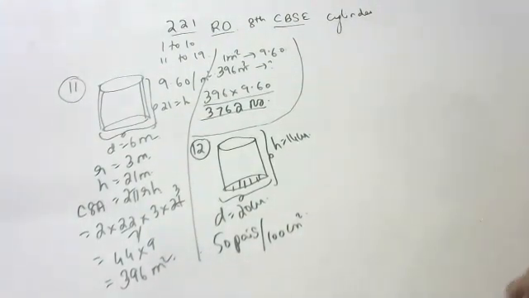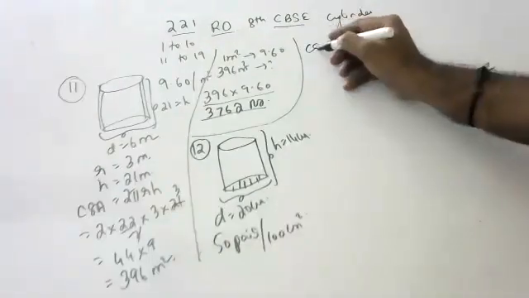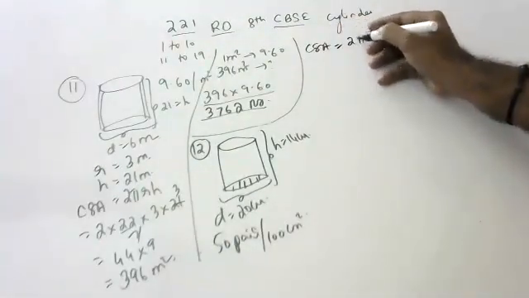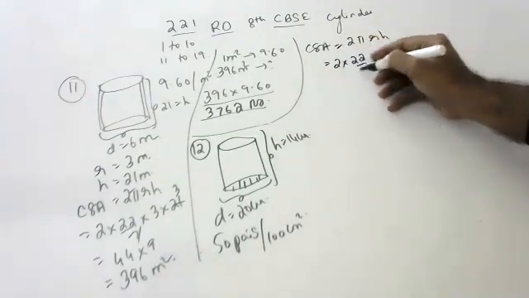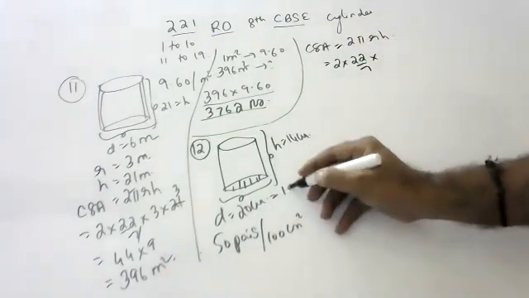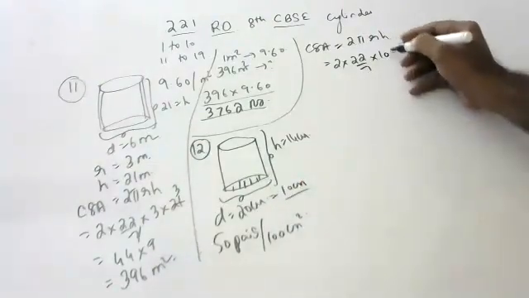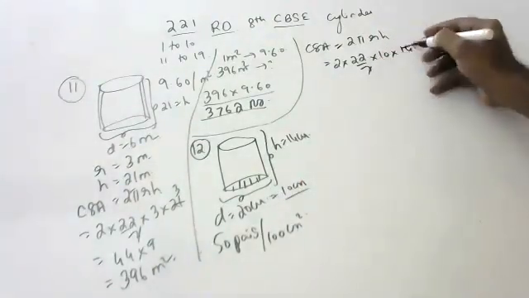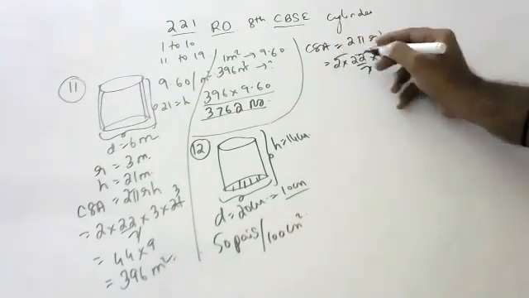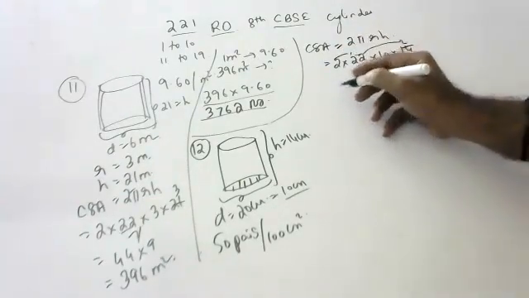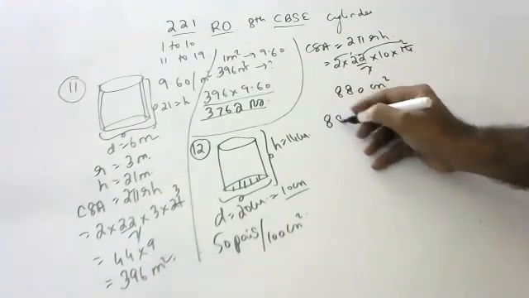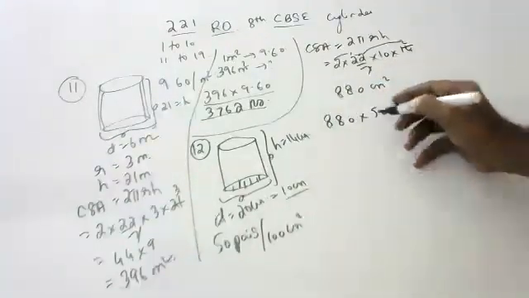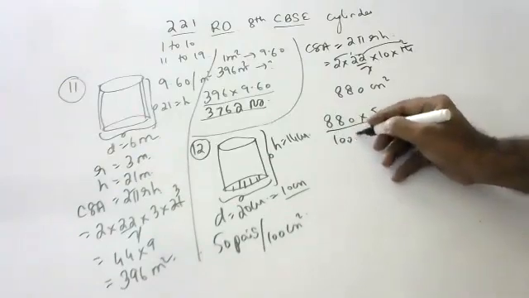CSA is equal to 2 pi RH, equal to 2 into 22 by 7 into 10 into 14, which is 880 centimeters square. Now 880 into 50 paisa per 100 centimeters square.